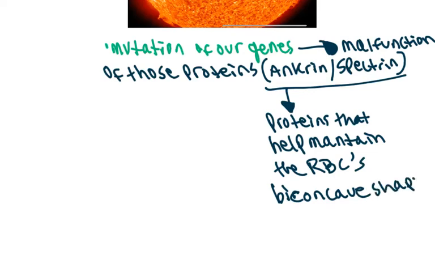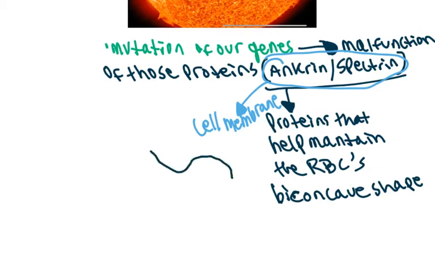I should also mention that these proteins are present on the cell membrane of the red blood cell, or at least near and on the cell membrane. They help maintain the red blood cell's biconcave shape.